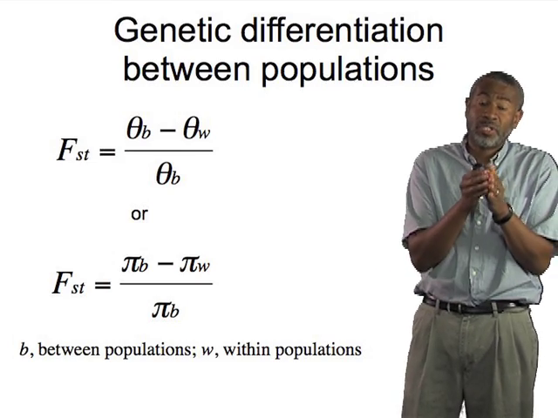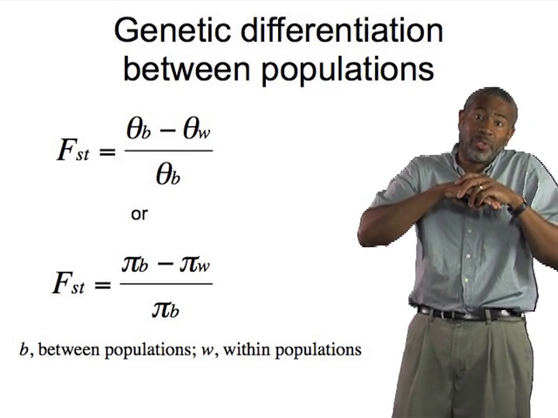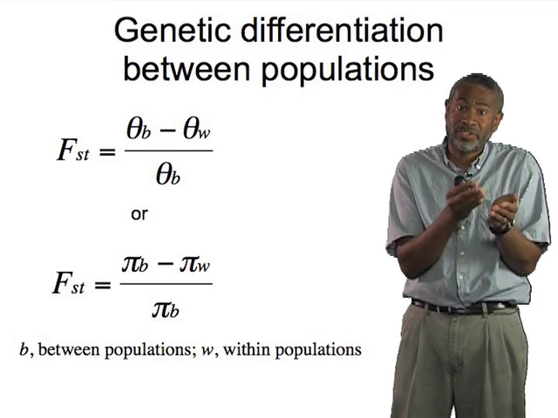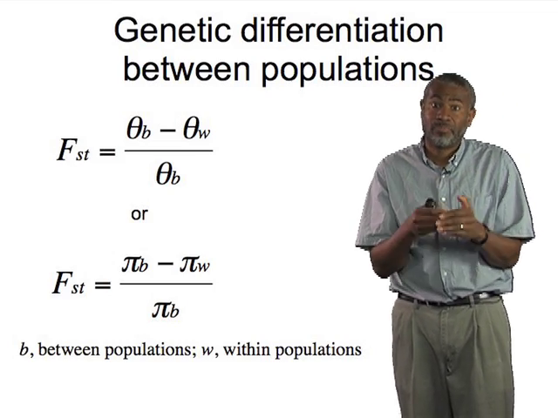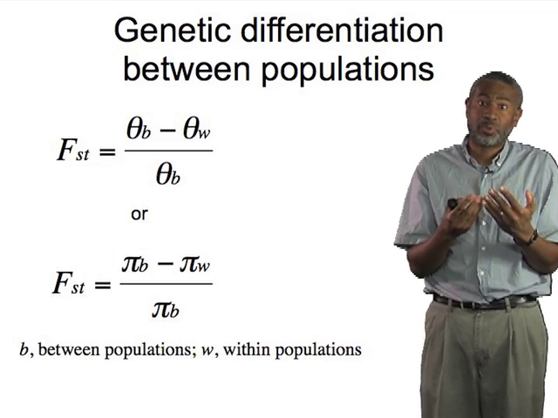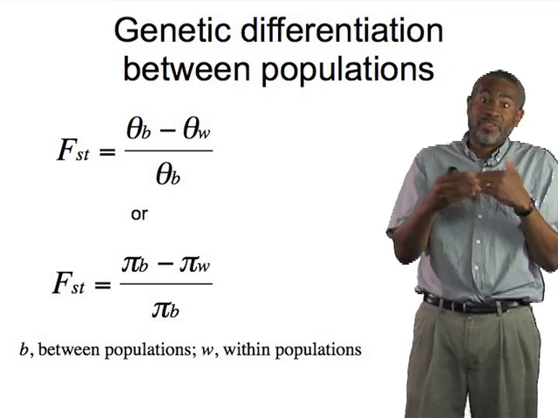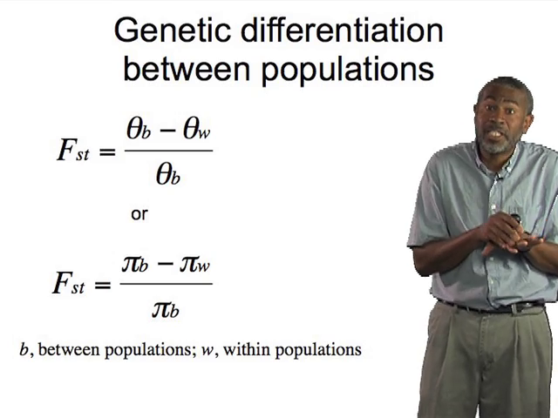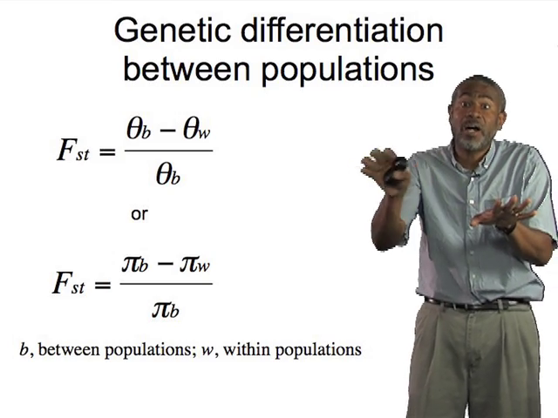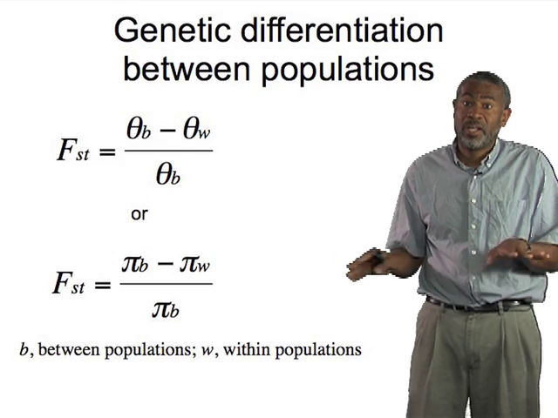We can use the theta calculated between different populations, that's our subscript B, or theta calculated within individual populations, that's our subscript W. The ratio of those tells us about how much genetic variation is found among different populations.